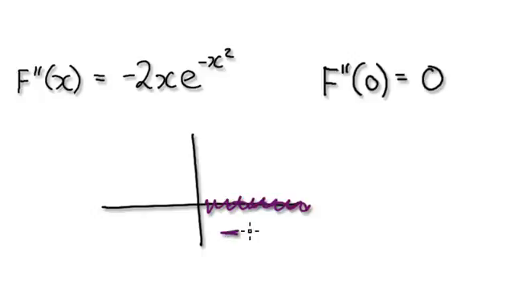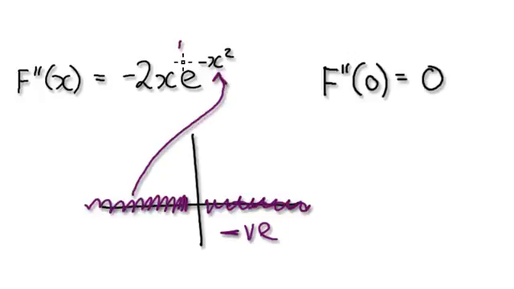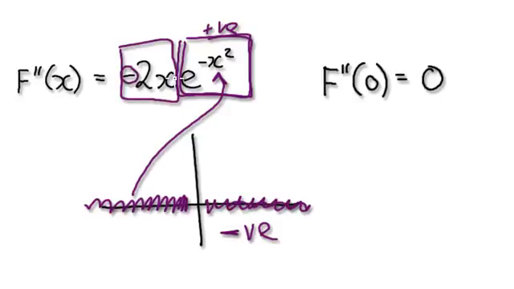And if you're in the negative realm, if you put a negative number into here, this whole block here will be positive, but then this block you've got a negative, so when you're in the negative realm, f double prime will be positive.